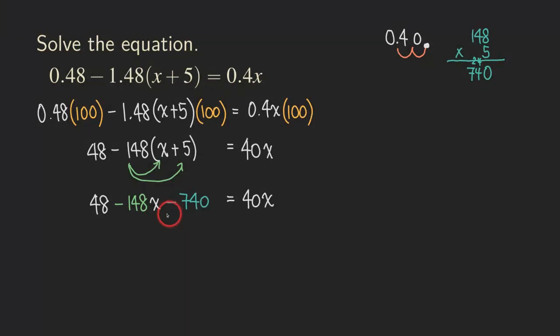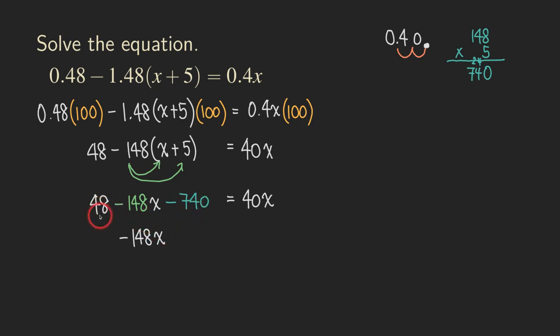Okay, so if there are like terms that we can combine, we should really combine them right now. So it's the 48 minus the 740, we can combine them. And then we are not going to do anything to this negative 148x. So I'm just going to copy it down first. And then you may say, what about the 48 minus the 740? Then we are going to get what? It's going to be a negative number because it's negative 740 plus the 48, right?